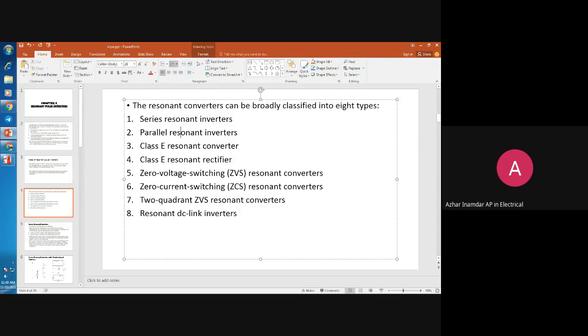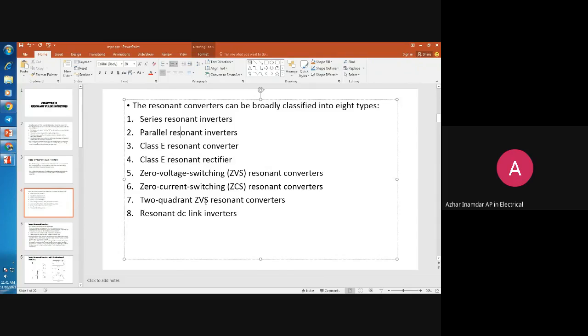For class E inverter and rectifier, this class E type inverter and rectifier are used for low power applications. The zero voltage and zero current switching converters are having applications where low switching loss and increased converter efficiency are needed, where low switching losses and high converter efficiency are required.